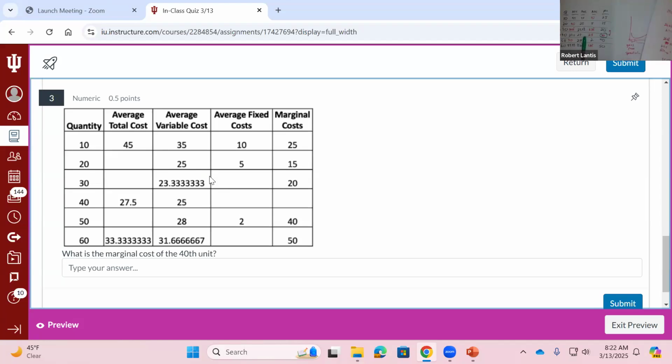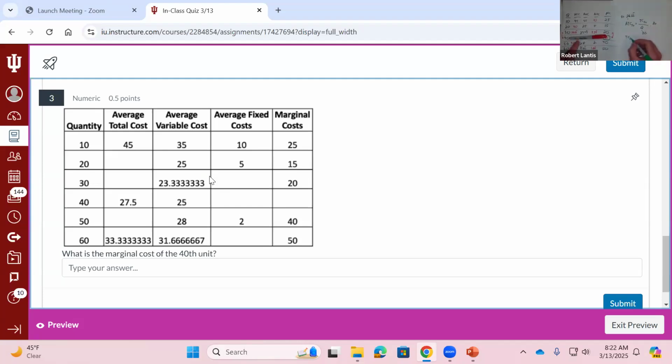Yeah, I'll redo that since I used the wrong number. So if I wanted the total cost at 30, this is where maybe I should use a marker to make sure I'm staying on the same line. My average total cost at 30 units will be my total cost at 30 over this quantity. So my quantity is 30. The average total cost was 26.66 repeated. Multiply both sides by 30.